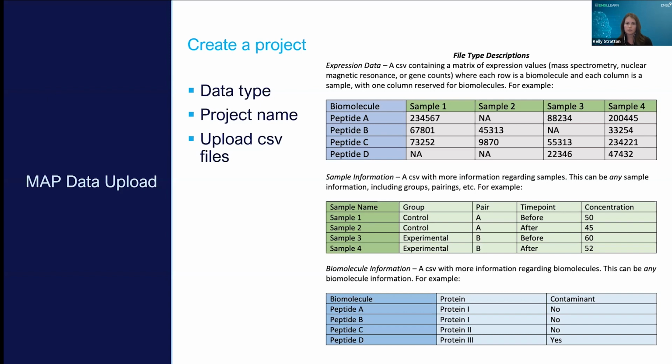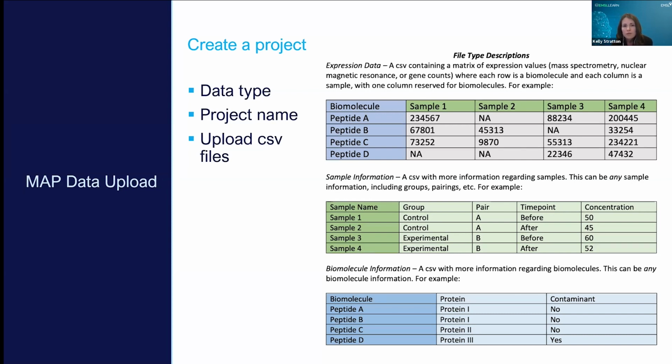This involves selecting the type of data that you are going to upload, whether it's label-free proteomics or NMR, assigning a project name of your choosing, and then actually uploading 2 or 3 CSV files. Here on the right is a diagram showing the 3 different types of information that are required, with this bottom one actually being optional.